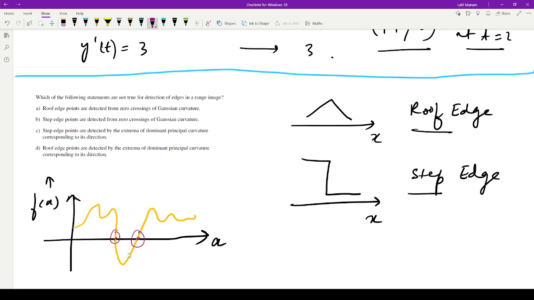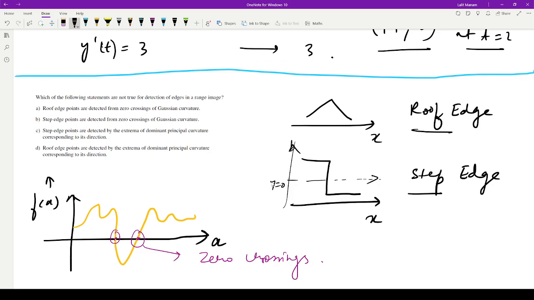Yes, sir. These are zero crossings. Here I did not define the y-axis, but if your x-axis is here, that means y equals 0 is here, and your coordinate system will be somewhere like this, right? So this step edge can be detected from zero crossings of the Gaussian curvature.